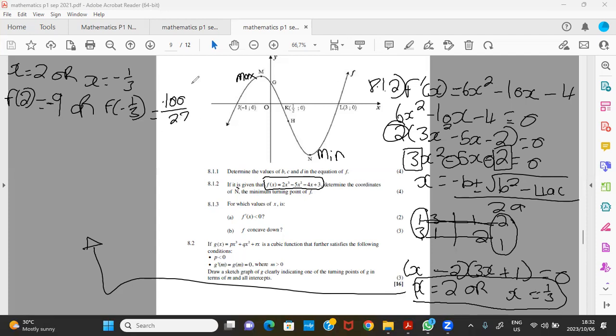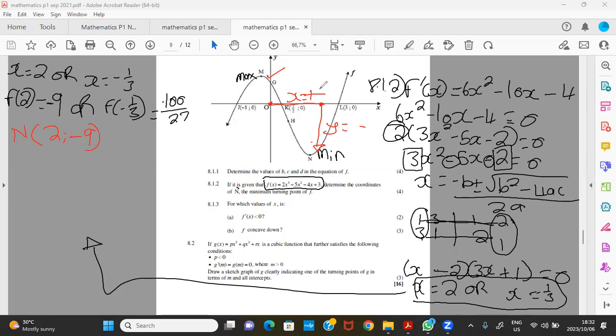Okay, so now we must choose, because we have both our turning points. Which one is my turning point for n? So look, n is here. This is my origin. Going to the right means my x-coordinate must be positive. From my x-axis going down means my y-coordinate must be negative. So my x-coordinate is 2, positive, and the y-coordinate of 2 is negative 9.